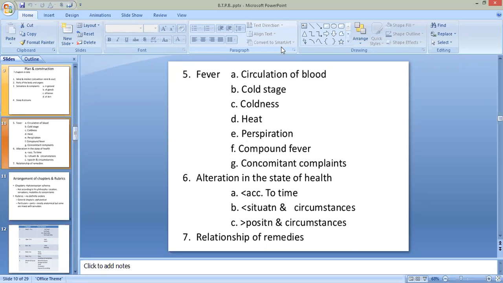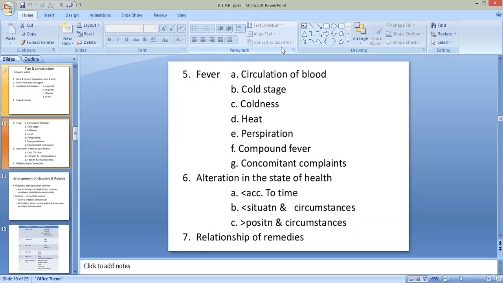Then the third subchapter is coldness, then heat, then perspiration, then compound fever, and then lastly concomitant symptoms.